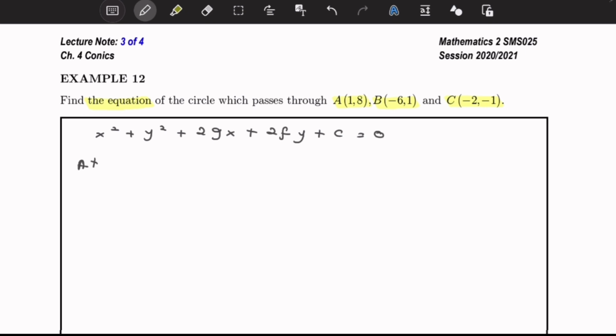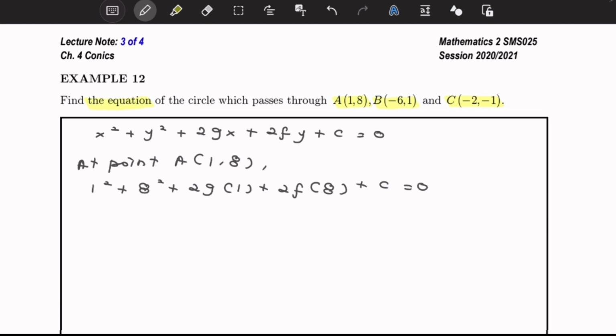At point A, the coordinate is (1, 8): 1^2 + 8^2 + 2g(1) + 2f(8) + c = 0.